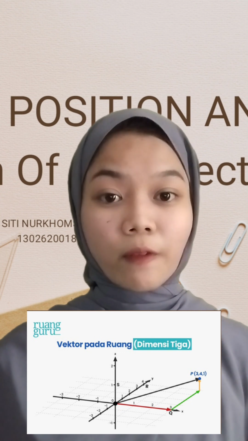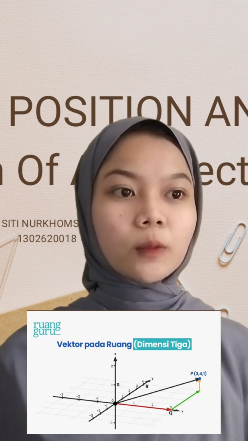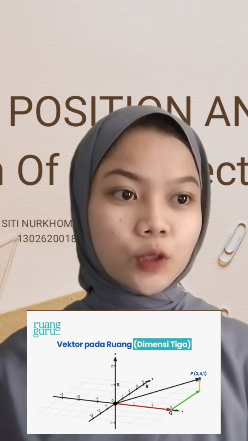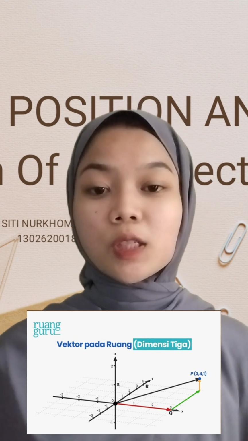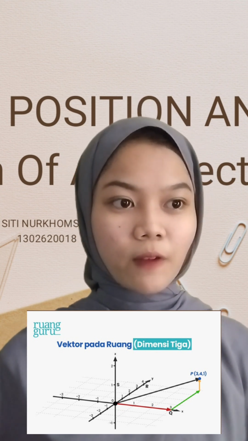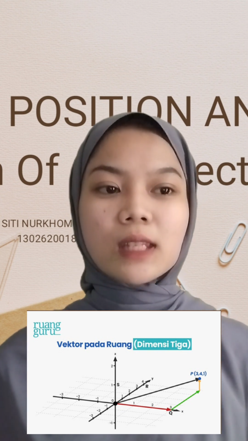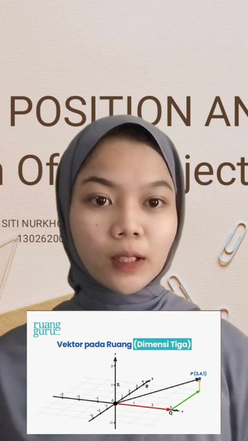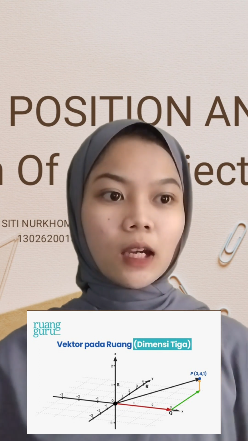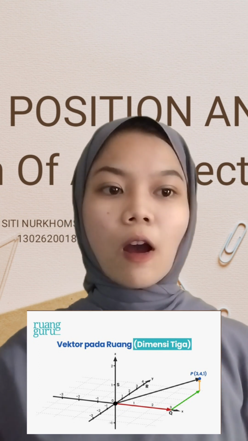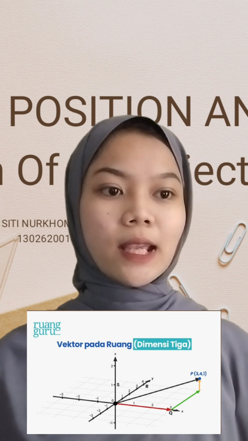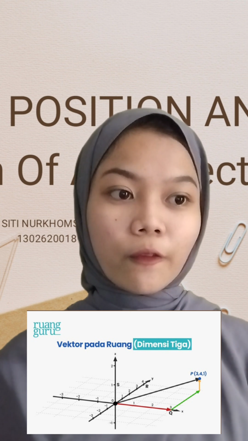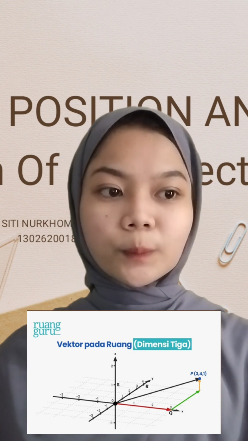Writing a three-dimensional vector in a column vector matrix is actually not much different from a two-dimensional vector. It's just that in a three-dimensional vector, there is an additional component, namely the Z component. For example, in this image, vector P consists of three coordinate points. Yes, namely x equals 3, y equals 4, and z equals 1.